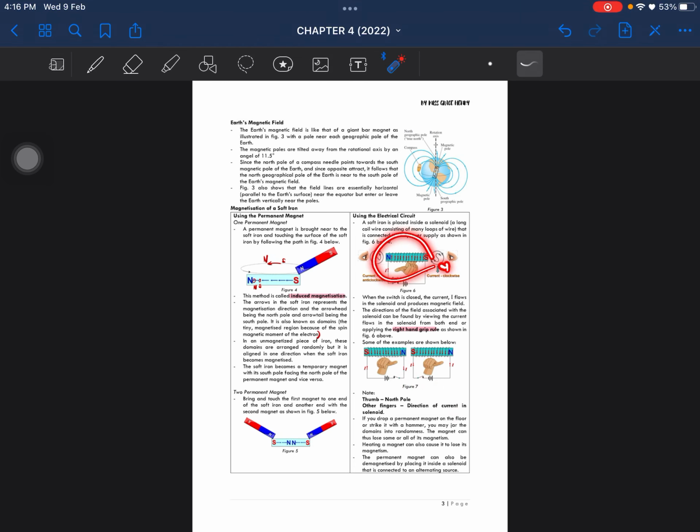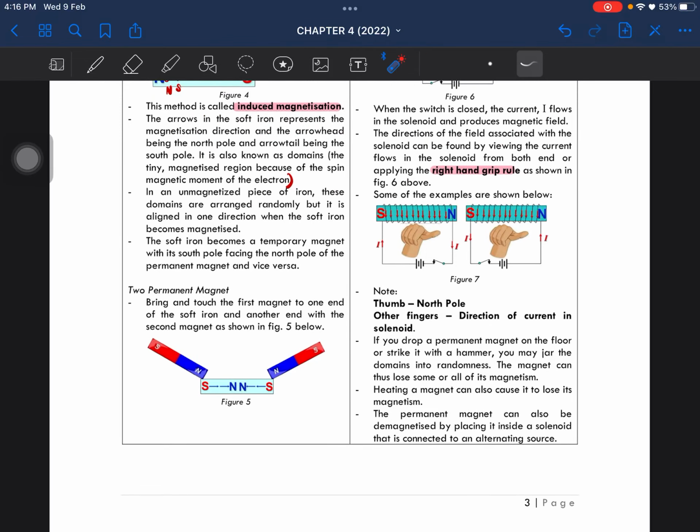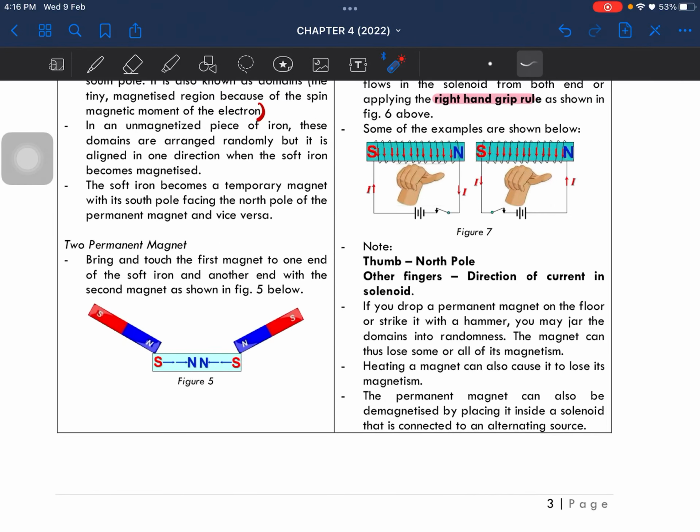Okay, so if you drop a permanent magnet or strike it with a hammer, you could jar the domains into randomness. Instead of being aligned in one direction, the domains would be pointing in all directions, so random lah.